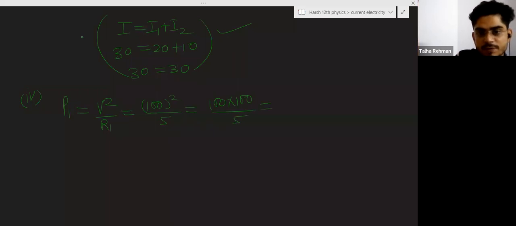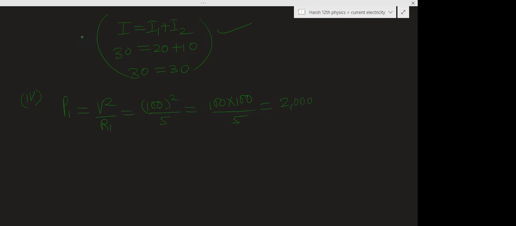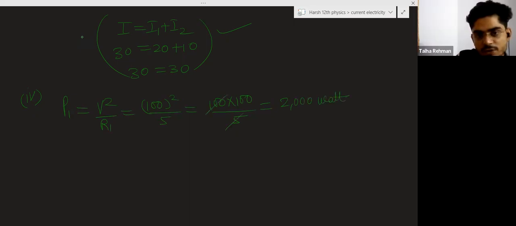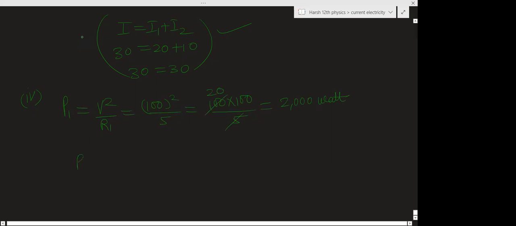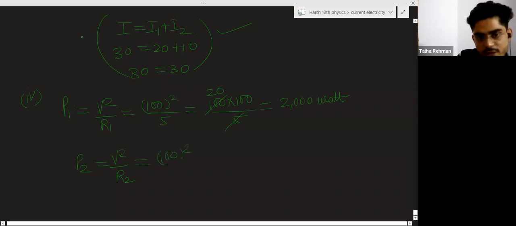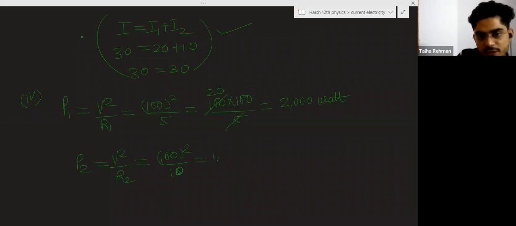You cancel it out, and this will become 2000 watt. P2, the same formula, will be 100 square by 10. So this will become 1000 watt.